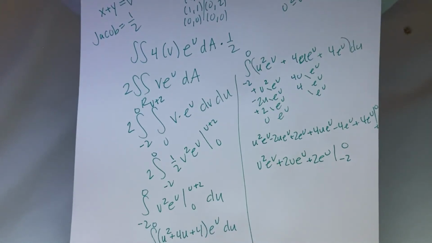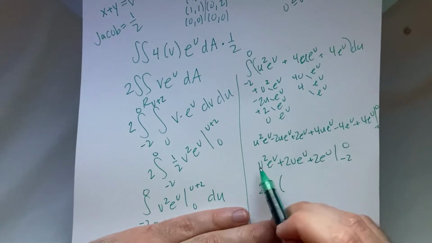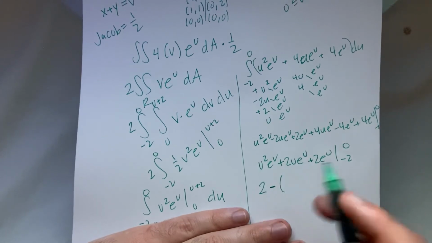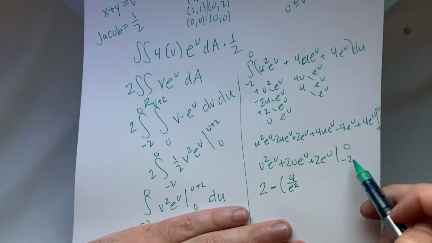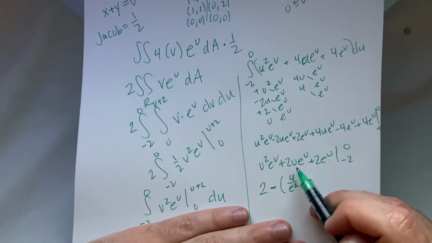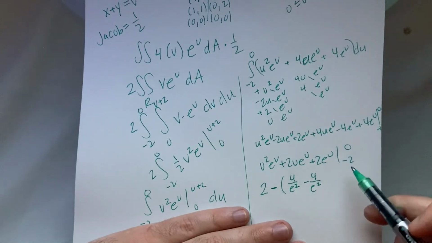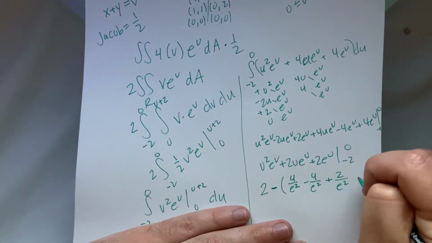Now when I plug in 0, I just should get 2, because the 0 is going to cancel out here. When I plug in -2, I'm going to get 4 over e squared here, here I'm going to get -4 over e squared, and here I'm going to get plus 2 over e squared.